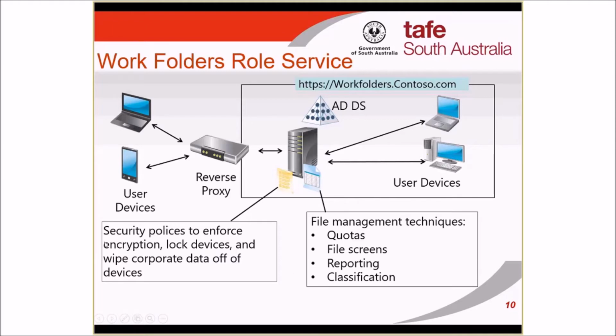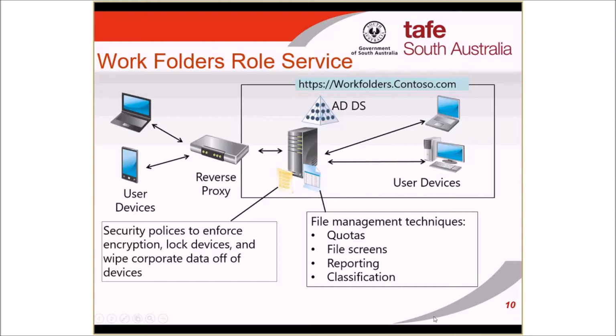With Work Folders, there are security policies that enforce encryption, lock devices, and wipe corporate data off devices. So what if these devices get stolen, or you left it behind at that internet cafe? You could have some really highly sensitive information. From the security policies, we can remotely wipe that information off the devices that were accessing it.